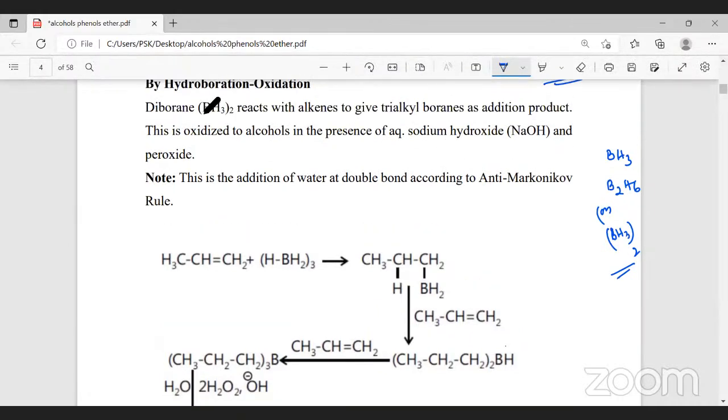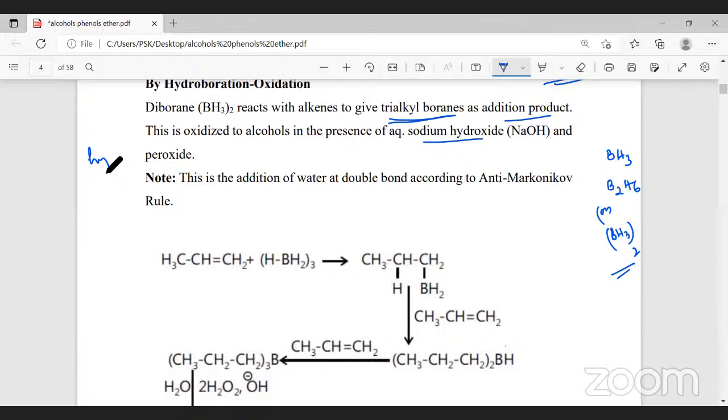So diborane reacts with alkenes to give trialkylboranes as addition product. And this is oxidized to alcohol in the presence of aqueous sodium hydroxide and hydrogen peroxide. Any peroxide can be used, such as hydrogen peroxide.